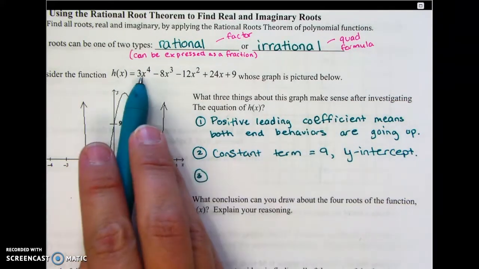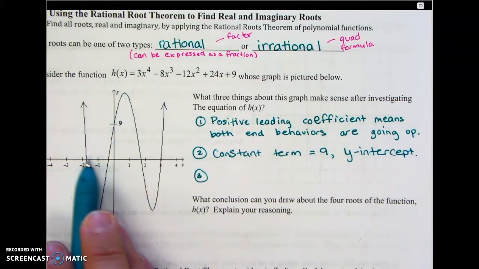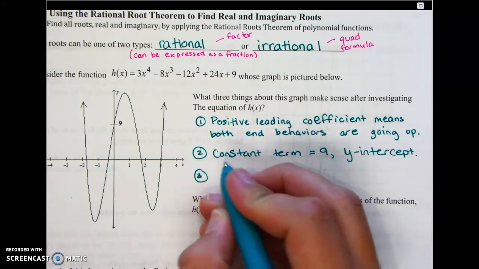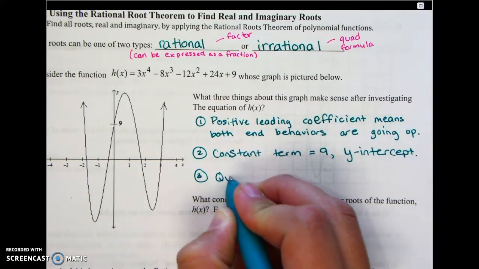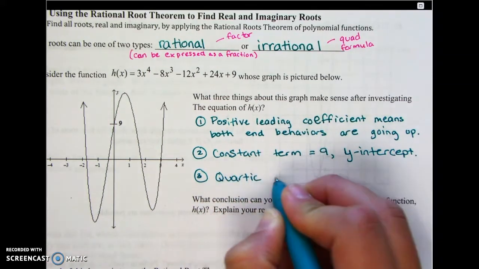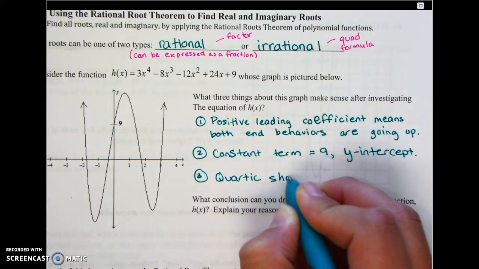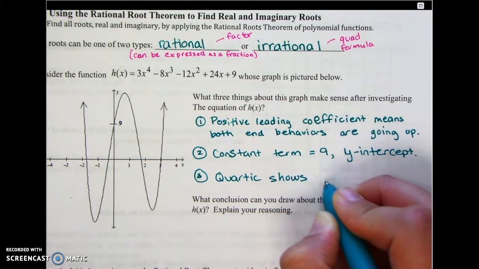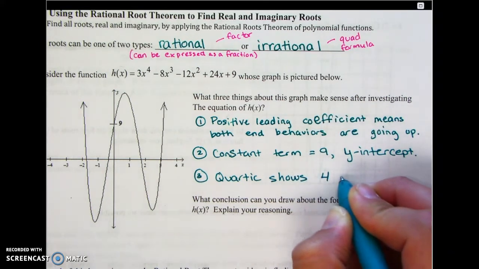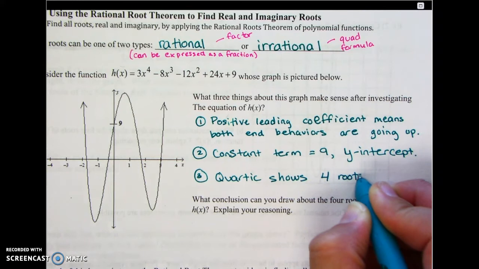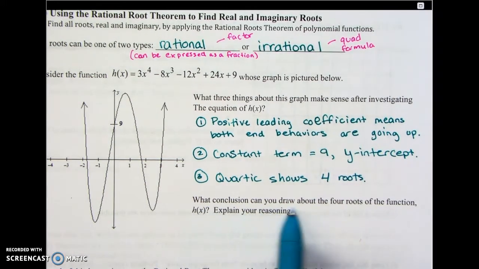That it's a power of 4, it's a quartic, so it has 4 x-intercepts, which we're going to call roots. So quartic is showing us 4 roots.